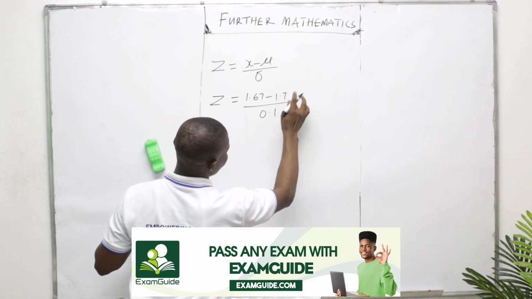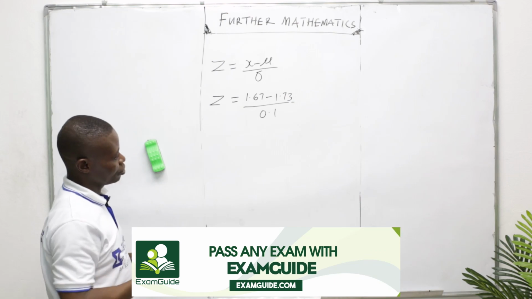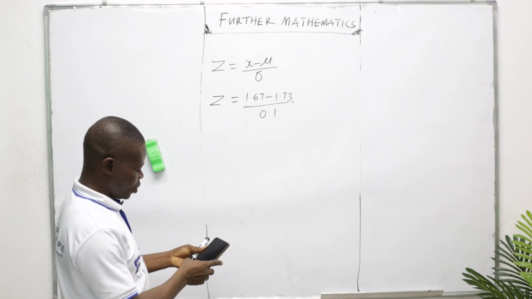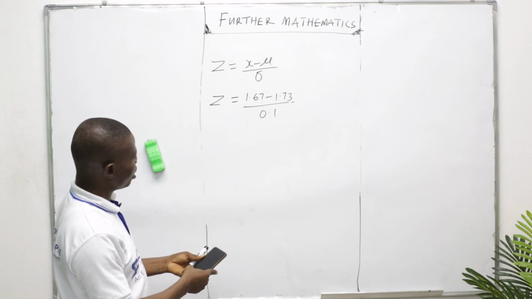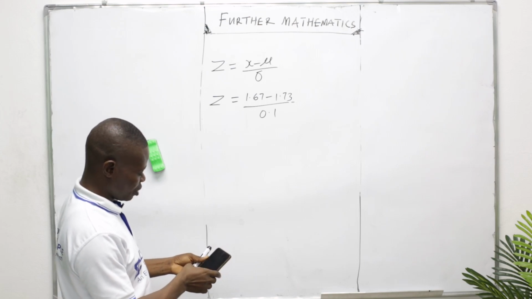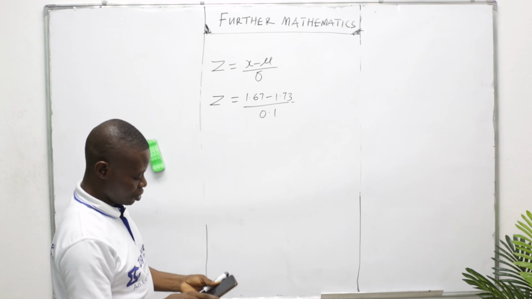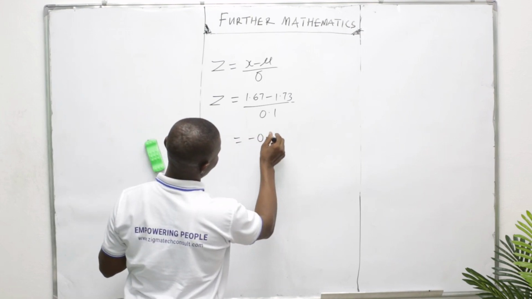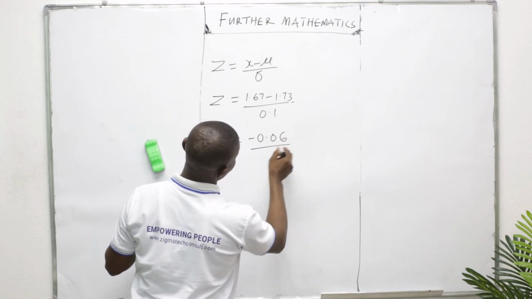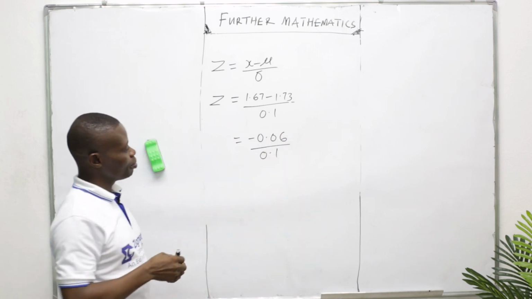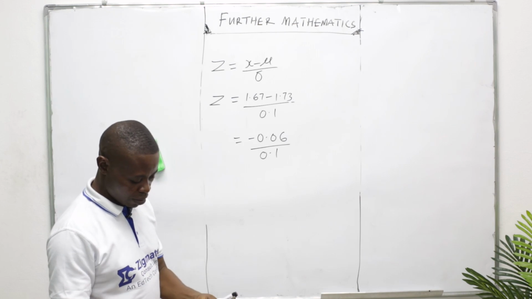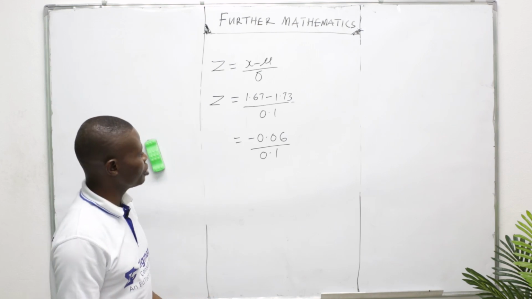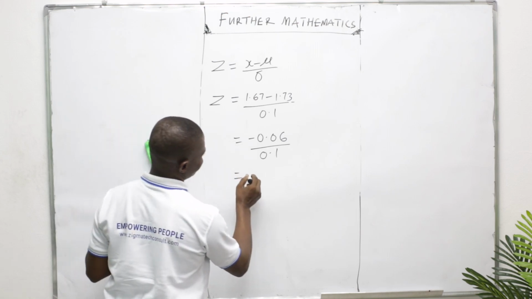This 1.73. 1.67 minus 1.73, minus 0.06 divided by 0.1, minus 0.6.